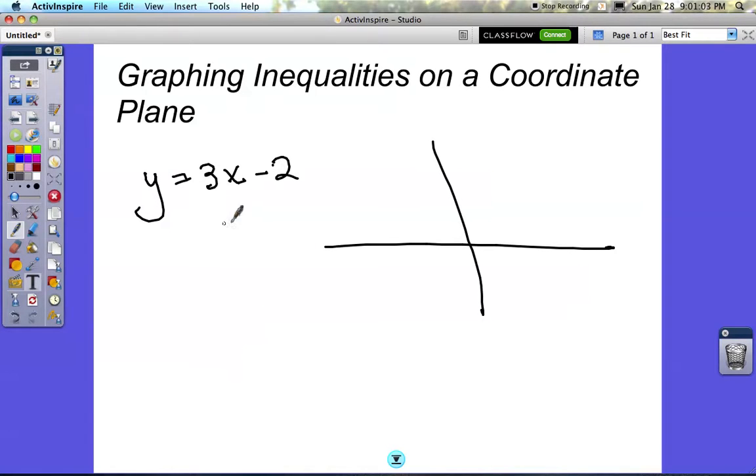Now, where would I put my very first point? At -2. That is your y-intercept, correct? Now, how would I get my other points? Up 3 over 1. You use your slope.